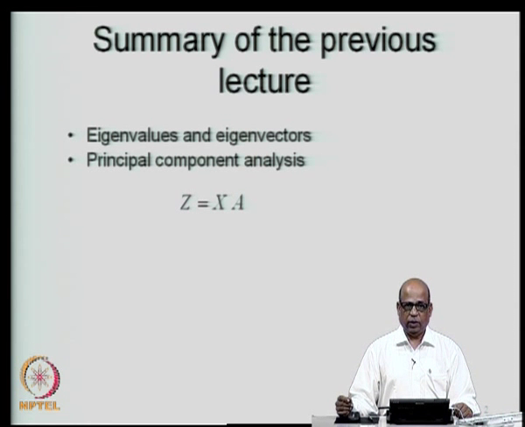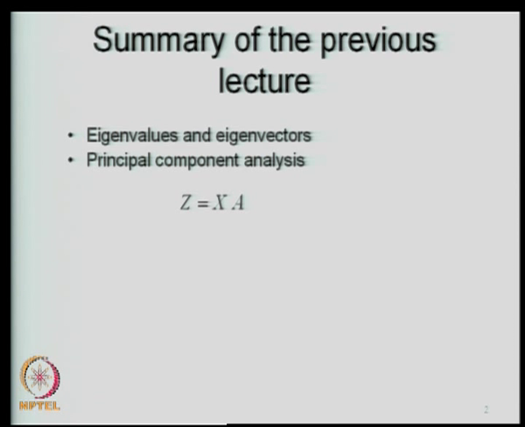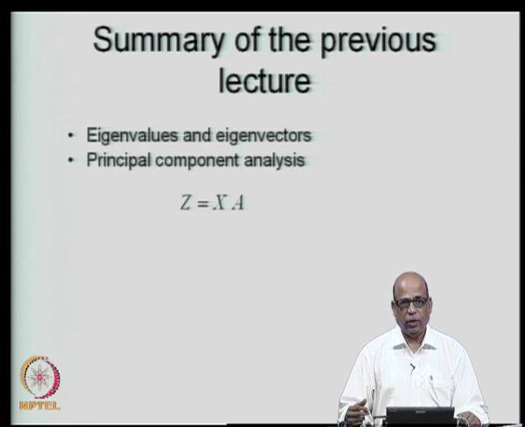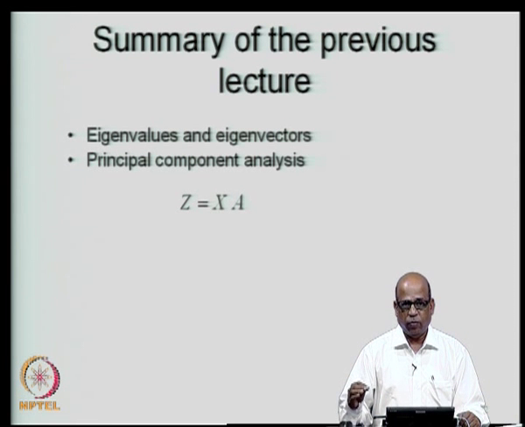The typical example in hydrology is, let us say, the runoff at a particular location is dependent on several rain gauges, several rainfall values in the catchment, and apart from the rainfall values, it may also depend on other variables. For example, it may depend on the soil moisture, the vegetation, the area of the catchment and so on. So there are several variables on which the runoff is dependent, and you want to develop a regression for the runoff in terms of all of these variables.